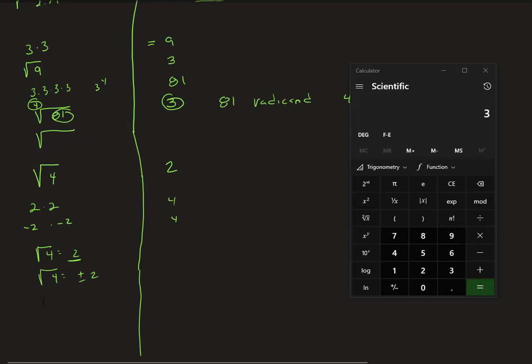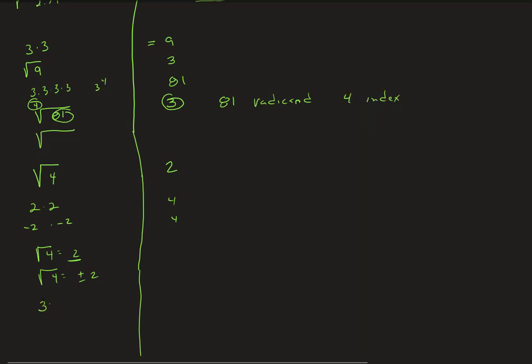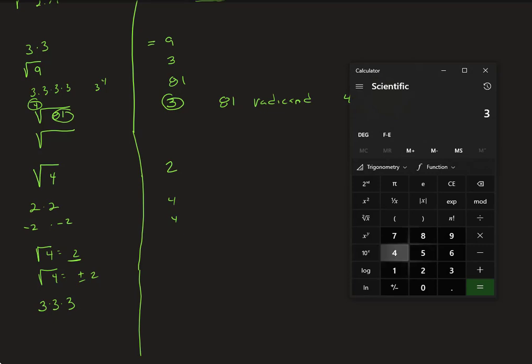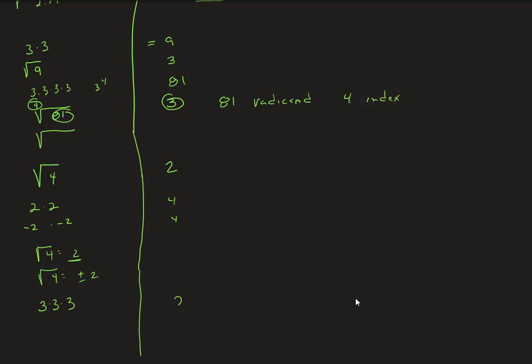So for instance, let's go to the cube root of 27. 3 times 3 times 3 is going to get me 27. How could we find the cube root of 27? My calculator doesn't have the key on it.